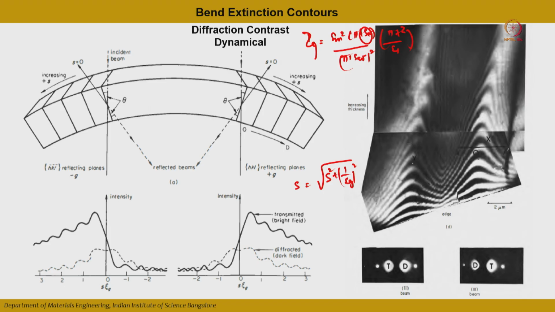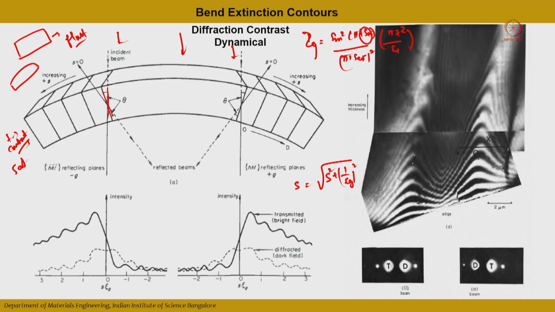Now, we have assumed that the sample is flat, with no bending or local bending. If your sample is bent, imagine the sample here, and your thickness is constant, but as the incident beam falls, even though your planes are not in the Bragg condition, at a certain value they can be Bragg diffracted.